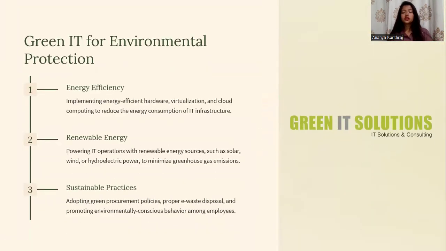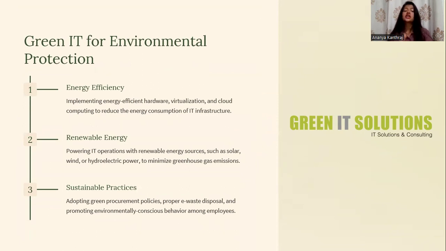So, in order to protect the environment through green IT, it can be protected in the following ways. First is energy efficiency: implementing energy efficient hardware, virtualization, and cloud computing to reduce the energy consumption of IT infrastructure.